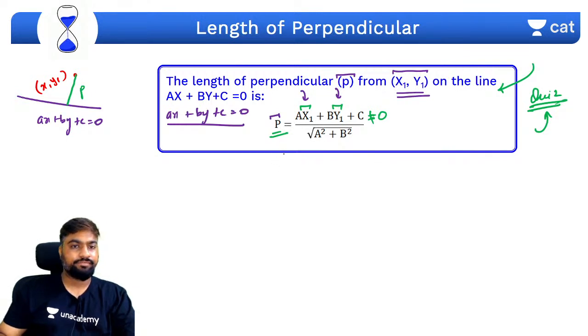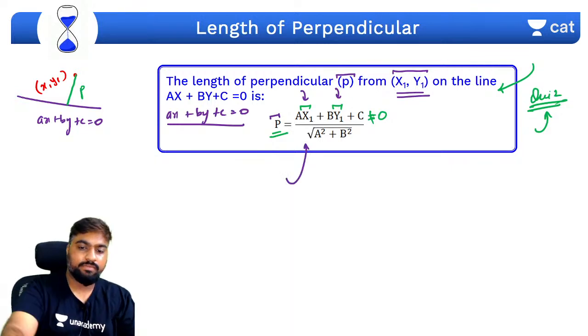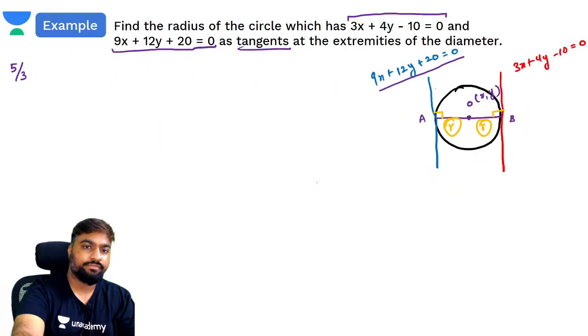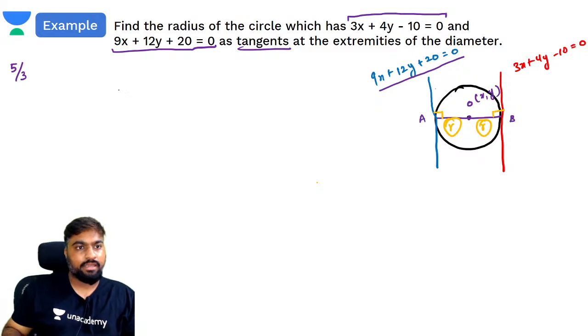Do you agree? So use this formula: |ax1 + by1 + c| divided by the square root of a squared plus b squared. If I consider this as x and y, our radius r is basically what?